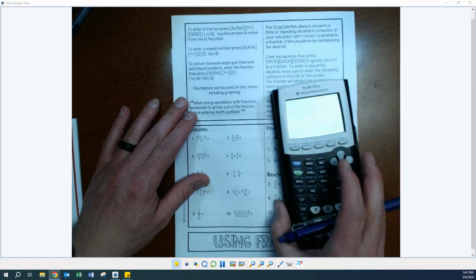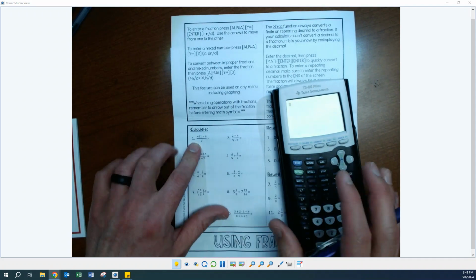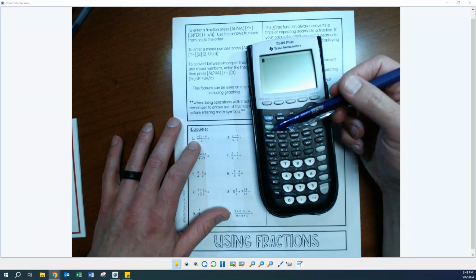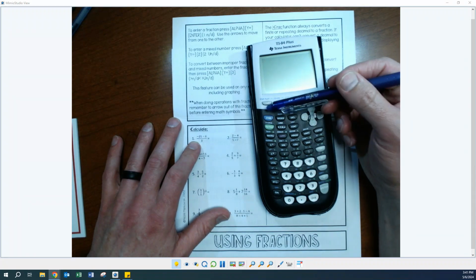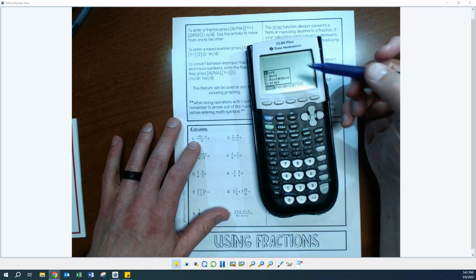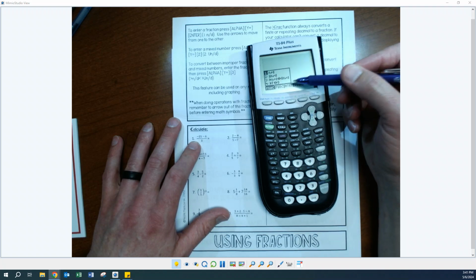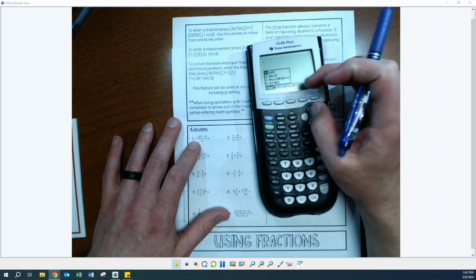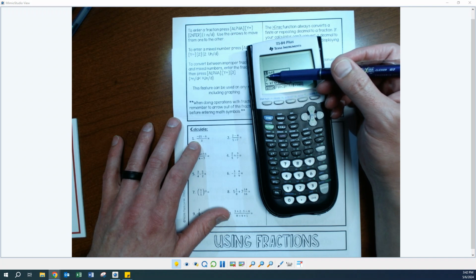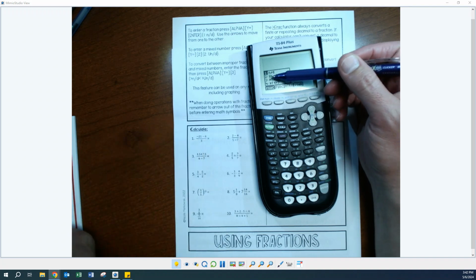So, anytime we need to calculate a fraction, what we can do is hit the alpha and y equals, and this brings up our 4 different types of fractions or functions or anything like that. You normally want the first one, which is numerator over denominator. The second option is a mixed number.